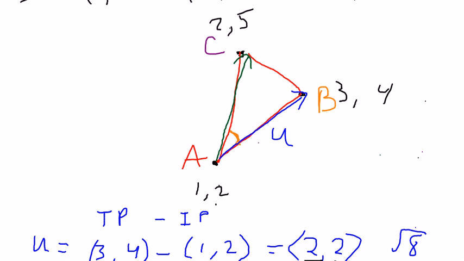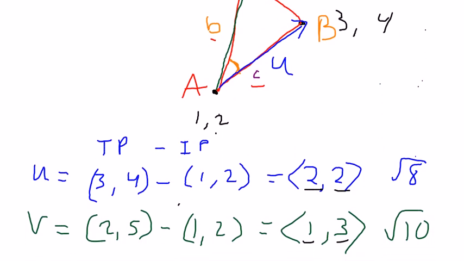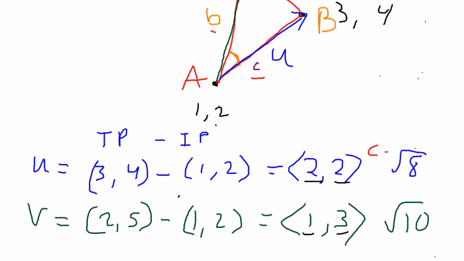Okay, that would make this little c, that would make this little b, and that would make this side up here little a. Okay, well, we already know the length of c, and we already know the length of b. c would be this, b would be this.